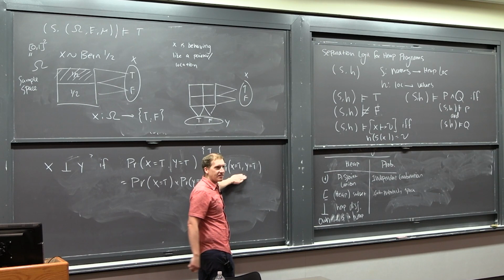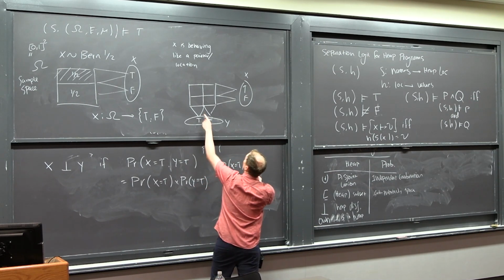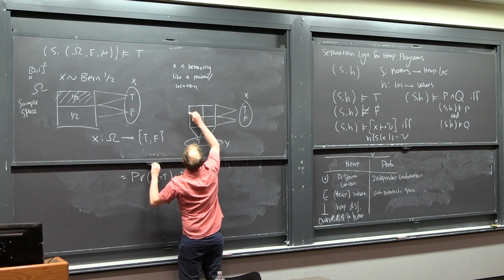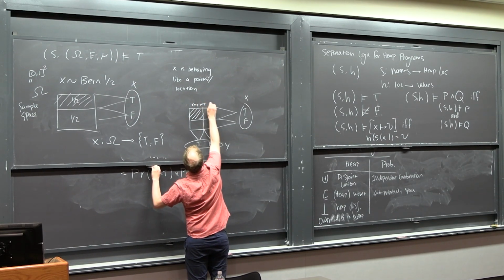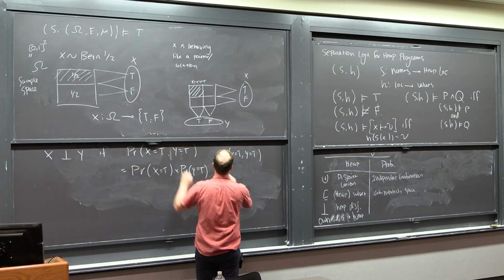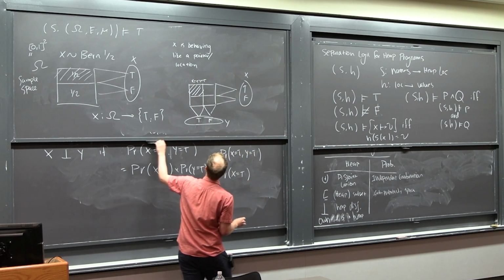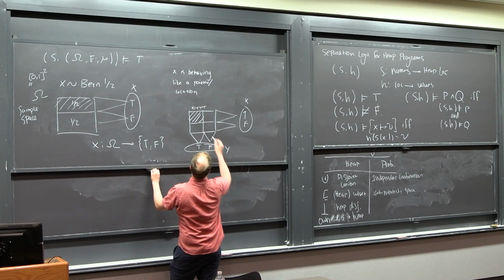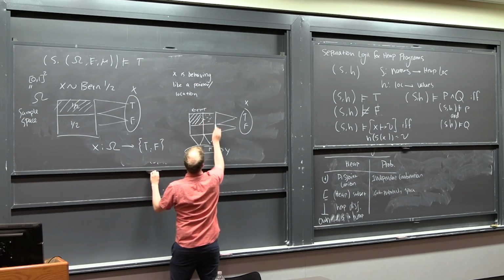Well, in order to get at this thing, I look at the pre-images, right? So I'll look at these pre-images, which gives me this square. This is x equals true, y equals true, right? And then to get this pre-image, x is equal to true, well, that's just this whole thing, right?